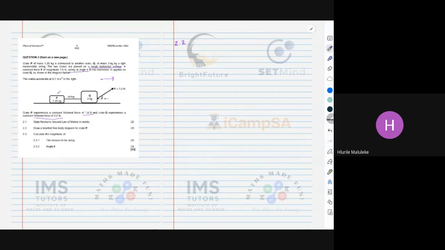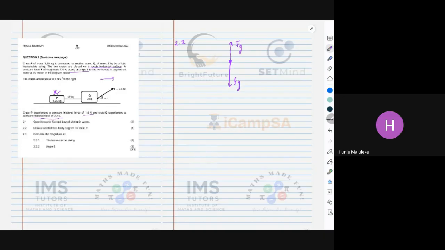So draw and label a free body diagram for crate P. So this is crate P here. We have crate P as our dot. It's on a flat surface. Since it's on a flat surface, we must have a normal force here. All right. And then we must have your Fg here. Then we have a string.